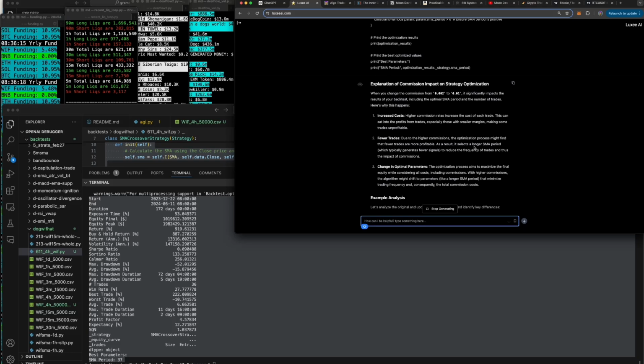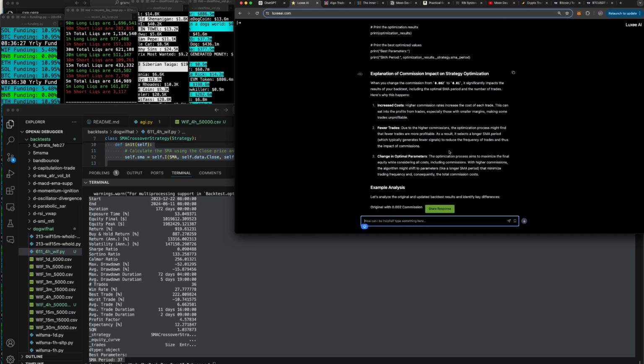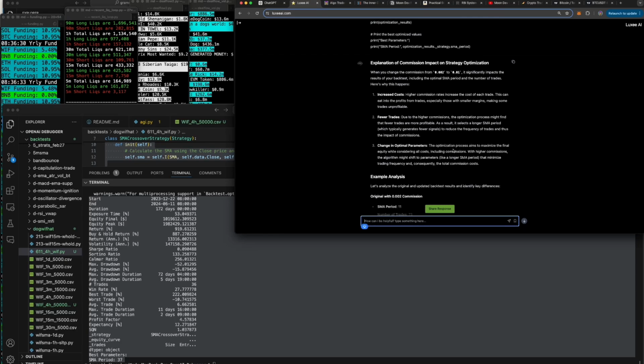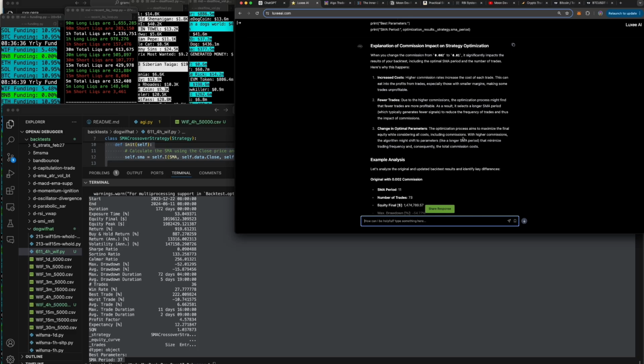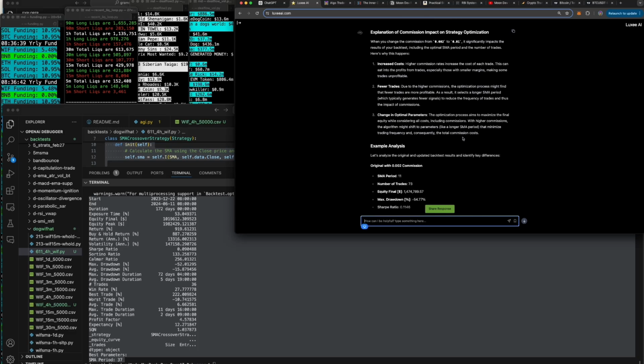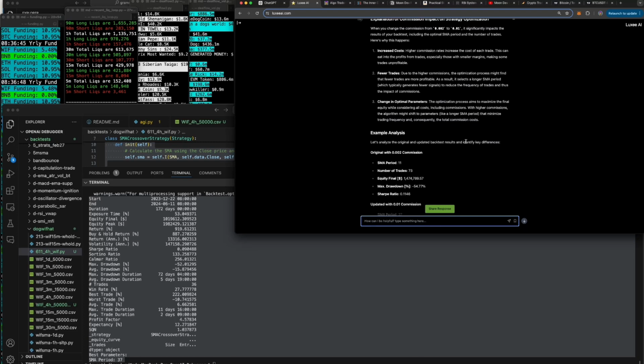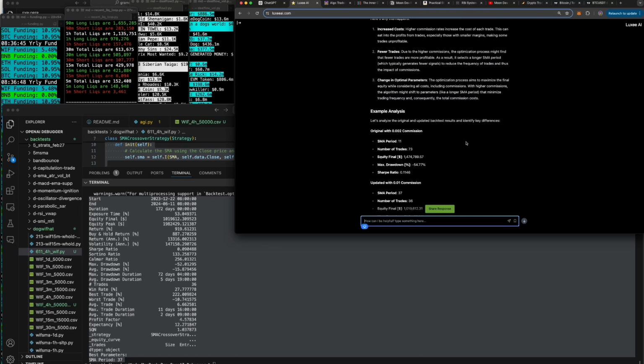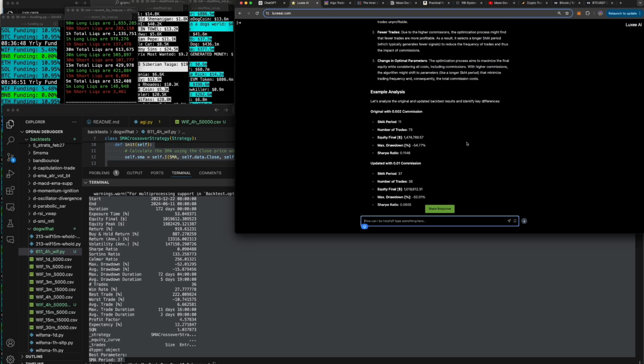As a result, it selects a longer SMA period, which typically generates fewer signals to reduce the frequency of trades and thus the impact of commissions. Change in optimal parameters: the optimization process aims to maximize the final equity while considering all costs, including commissions. With higher commissions, the algorithm might shift to parameters like a longer SMA period that minimize trade frequency and consequently the total commission costs.